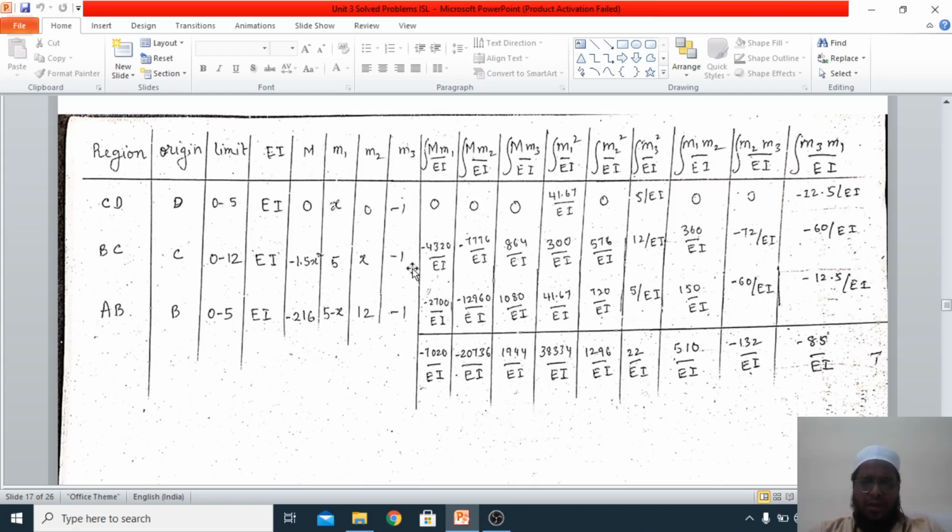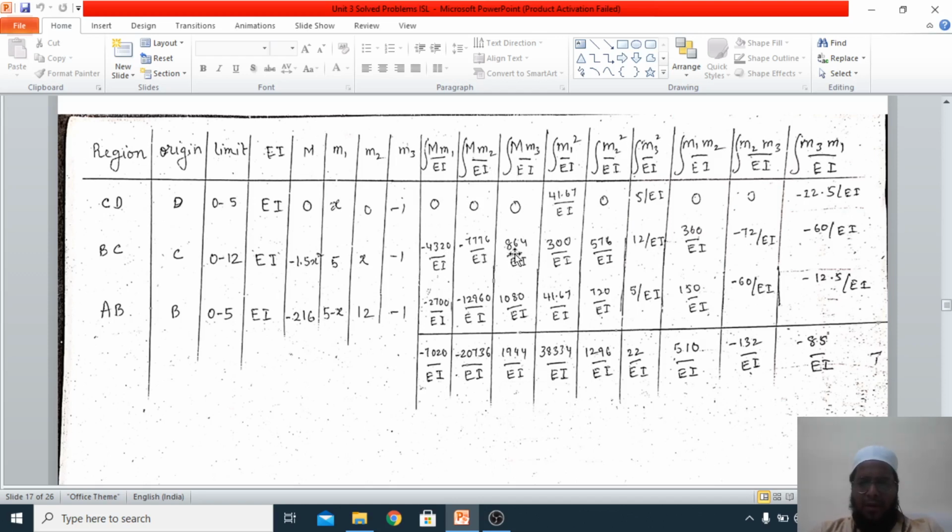Similarly, we'll go for the next row, that is capital M1, minus 1.5 into 5. Integrated with the limit 0 to 12, you will get minus 4320 by EI. Similarly, capital M2 will give you minus 776 by EI.